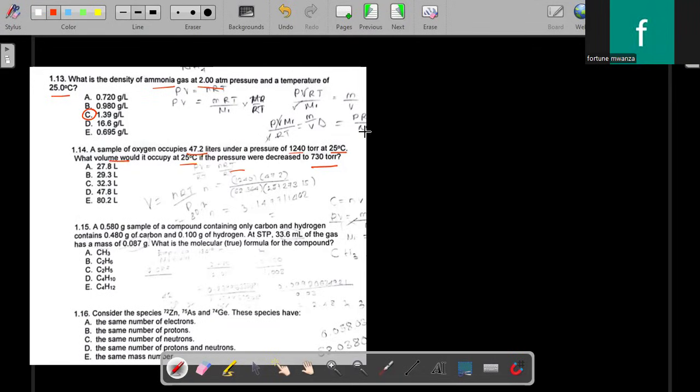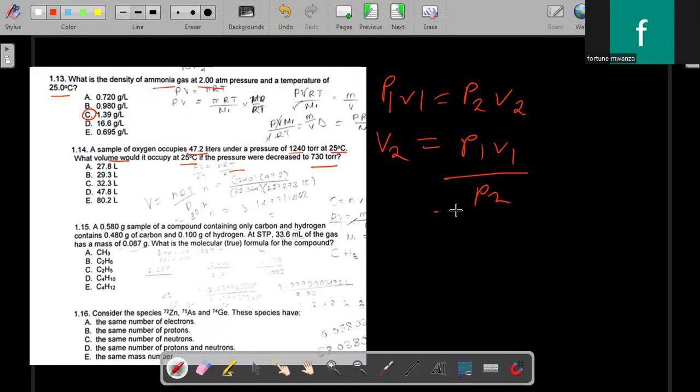Here we know that we are looking for volume, so you can apply Boyle's law. P1 V1 is equal to P2 V2. What we are looking for is the second volume, so you can make V2 the subject of the formula. We have P1 V1 divided by P2.